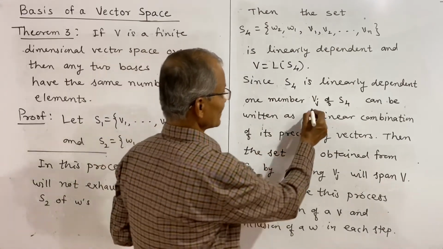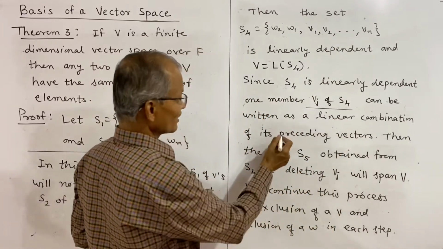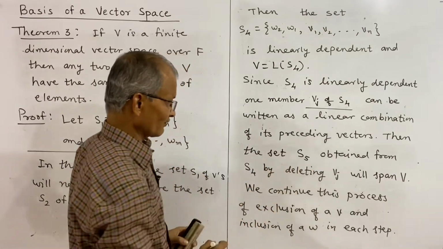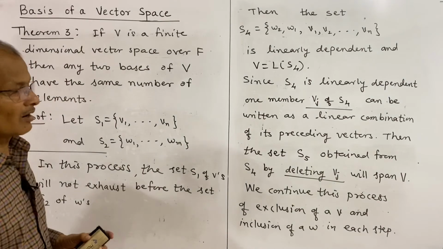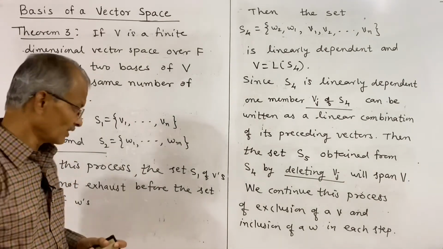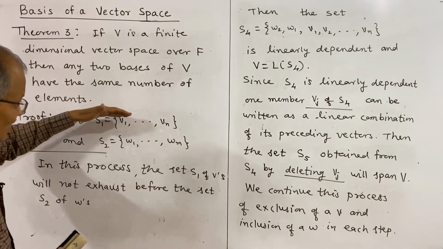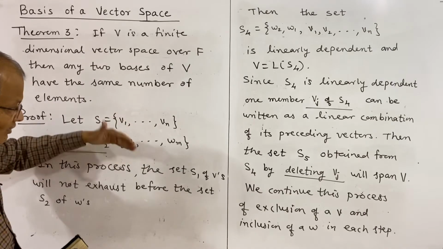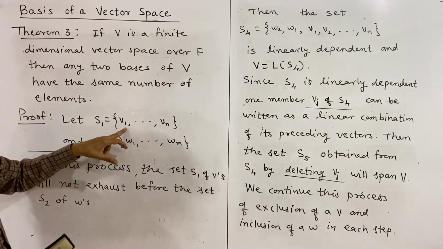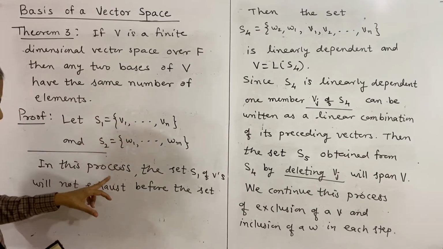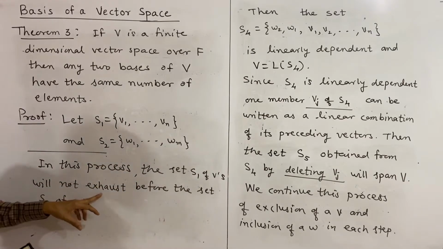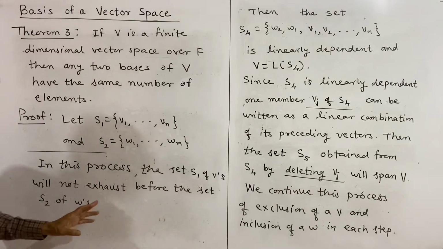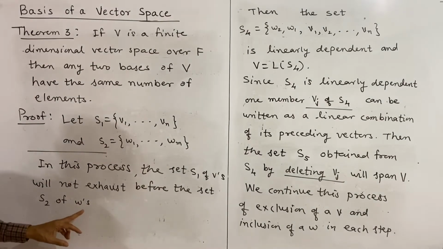One member Vj of S4 can be written as a combination of the others, and we delete that Vj, and the remaining set will again every time span V. So this is the process. That means exclude V's and include W's. In this process, this set S1 of V's will not exhaust, means it will not be over before the set S2 of W's.